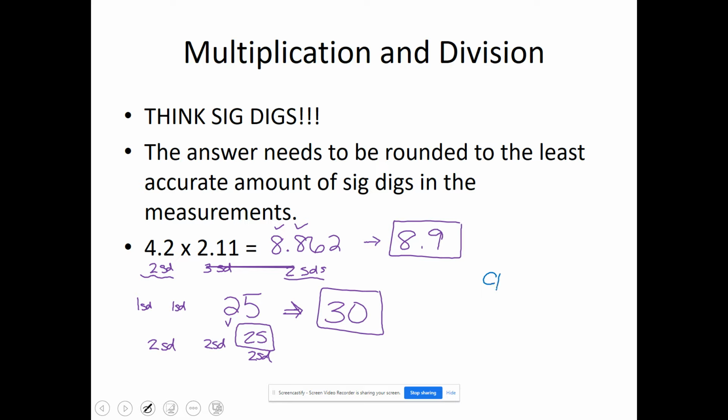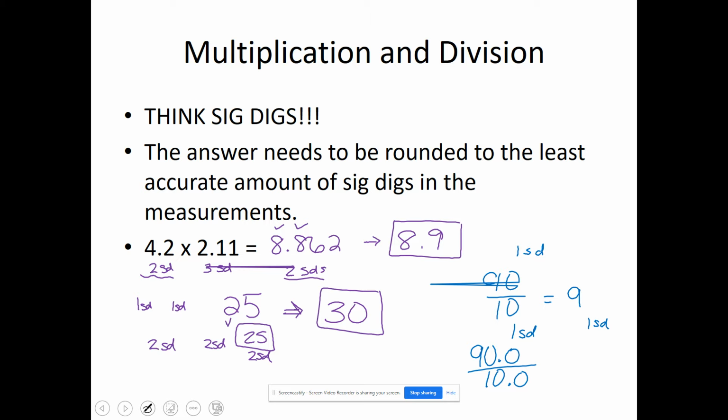Dividing works the same way. So if you had 90 divided by 10, each of those is 1 sig dig. So you have 1 sig dig on the top, 1 sig dig on the bottom. When you divide, you get 9, which is 1 sig dig. But if you had 90.0 divided by 10.0, for a minute I thought I divided wrong, so I double checked, but 90 divided by 10 is 9, right?